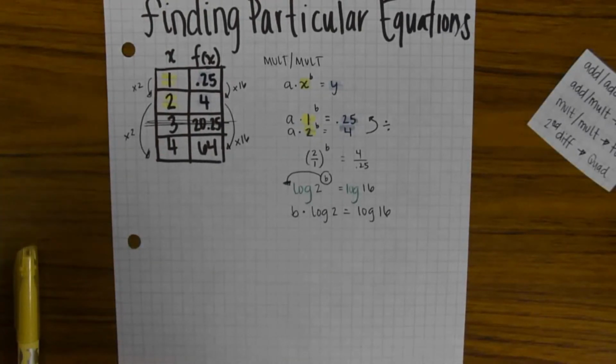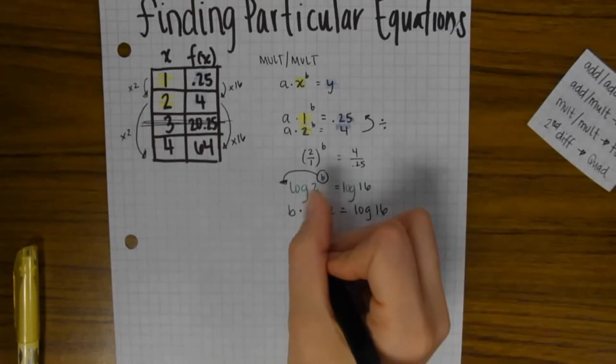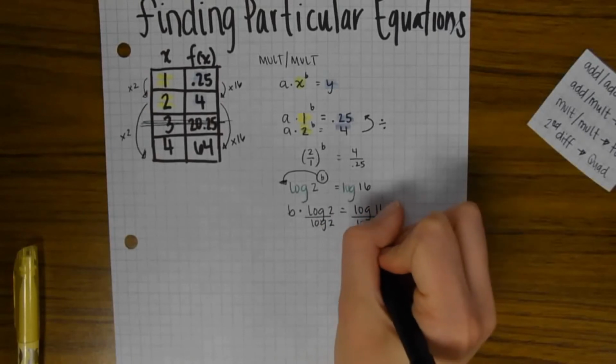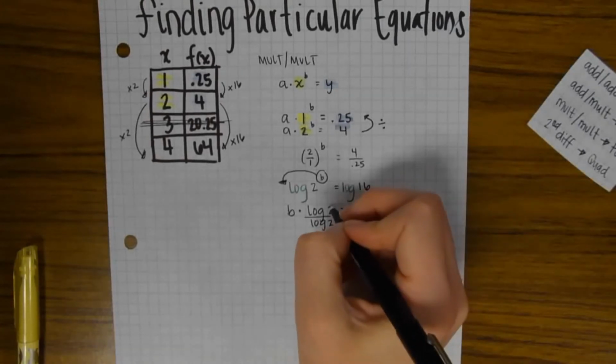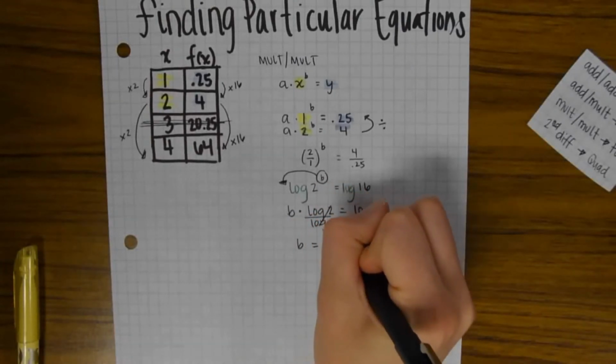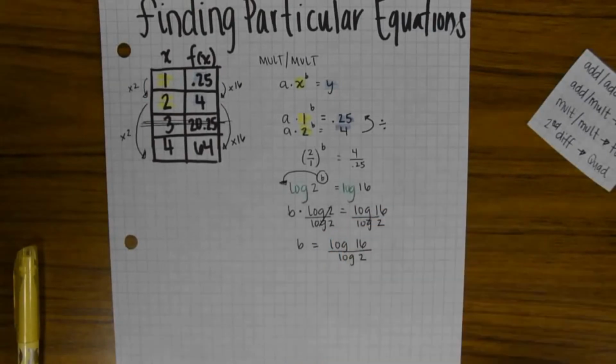How do I get b by itself? I could just divide both sides by log of 2. B equals log 16 divided by log of 2.